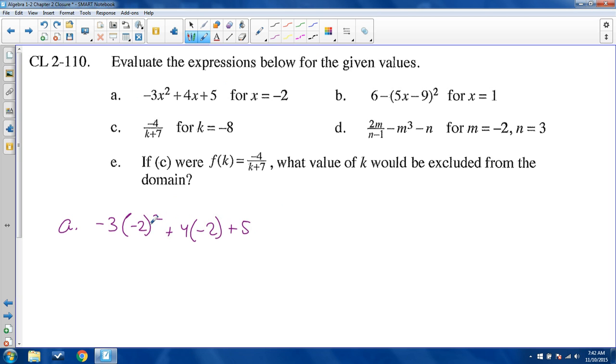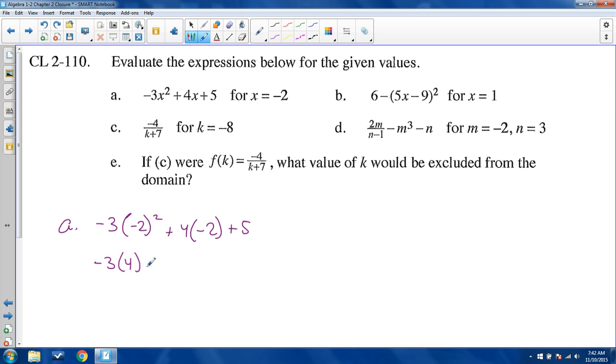Now, order of operations says you must apply the exponent before you do multiplication. So I will not do -3 times -2 first. That would give me a different number. I'm going to do -2 quantity squared first. When I square the number -2, that's -2 times -2. That gives you 4. So this becomes -3 times 4 plus 4 times -2.